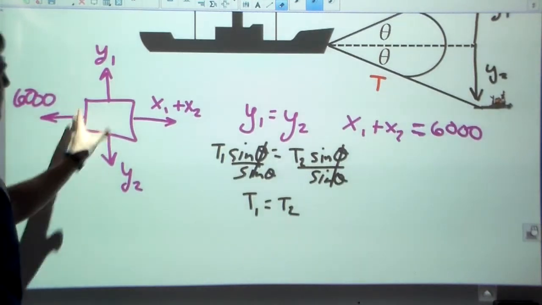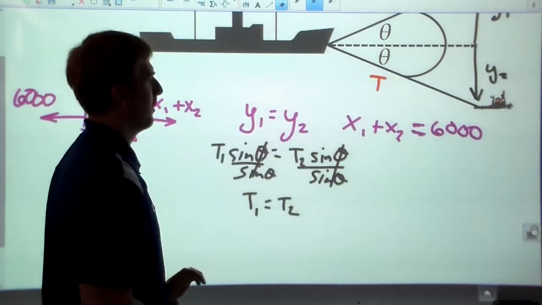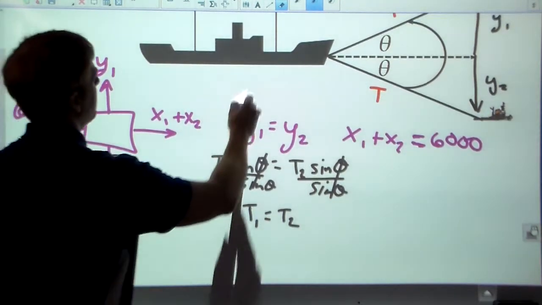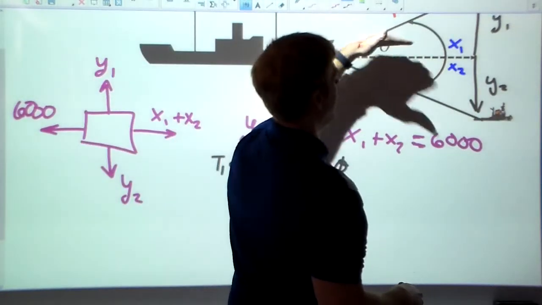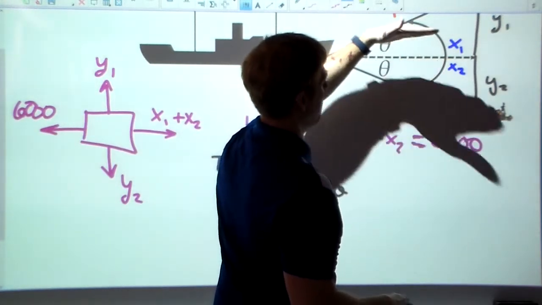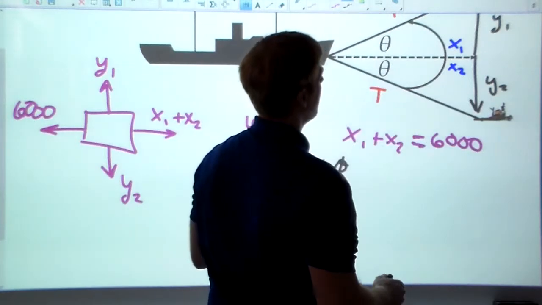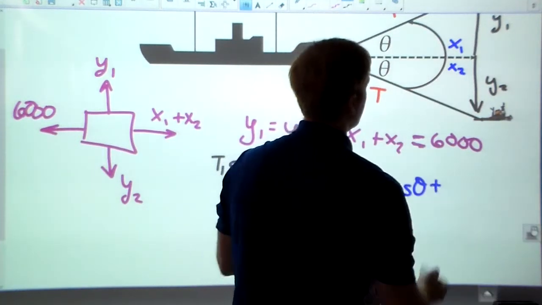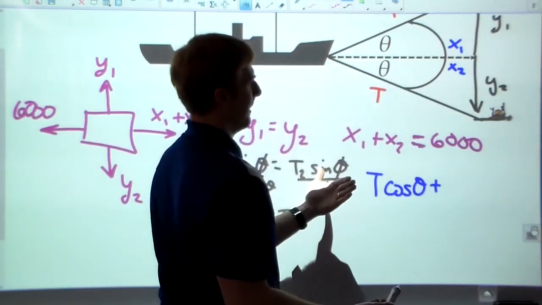We've done a diagram, we've done our free body diagram, set of equations, and we've proved that has to be true. So let's look at the x components now. So relative to the angle, x1 is going to be a cosine ratio. So cosine of the angle will be x1 over t. So t times the cosine of that angle. On the bottom, it's going to be the exact same thing.